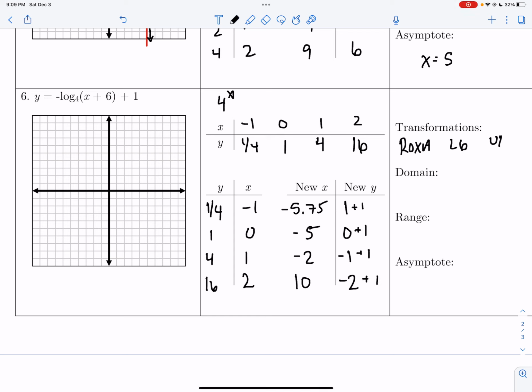So I have a domain of -6 to infinity. My range obviously is going to be -infinity to +infinity. And then my asymptote is at -6.